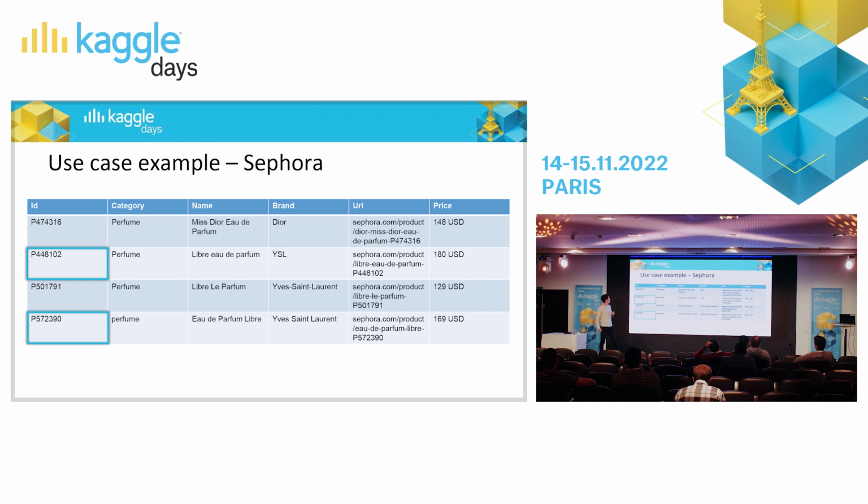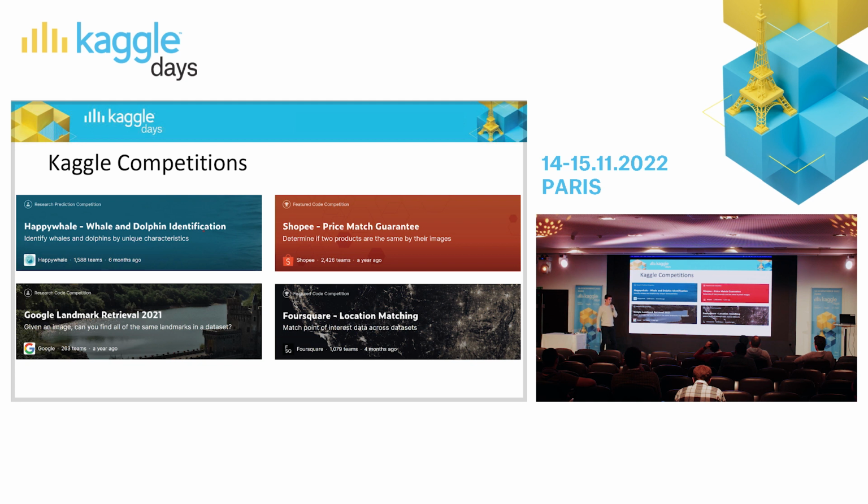And as I said, I come from Kaggle, basically. So I know Kaggle Competitions, and there were a lot of interesting ones. First one, you have images of whale or dolphin fins, and you need to find to which dolphin or whale it belongs. Second one is the Shopee price match guarantee, which is quite similar to the previous topic with Sephora.